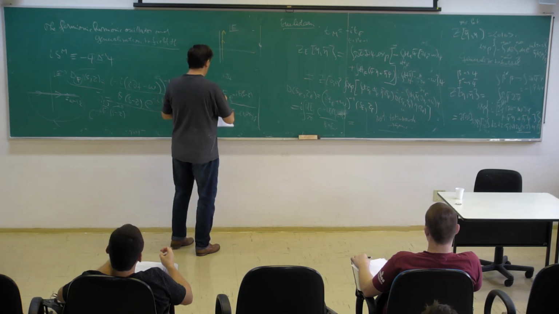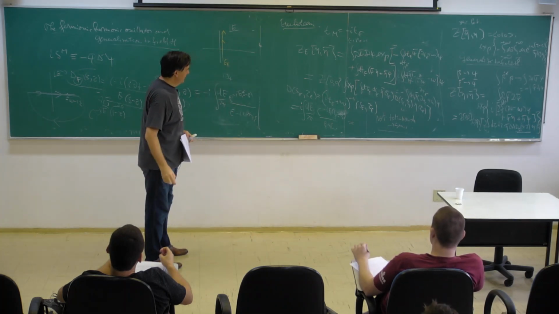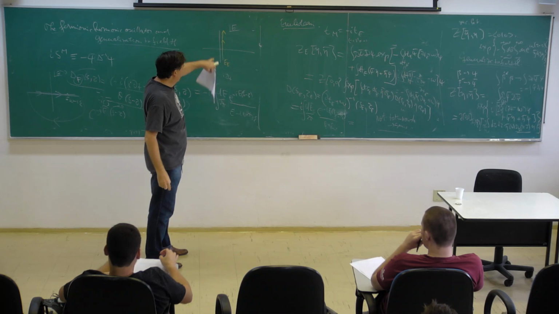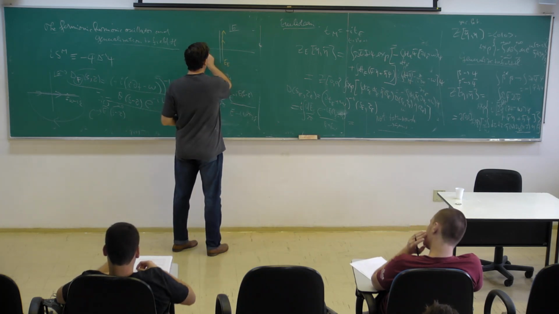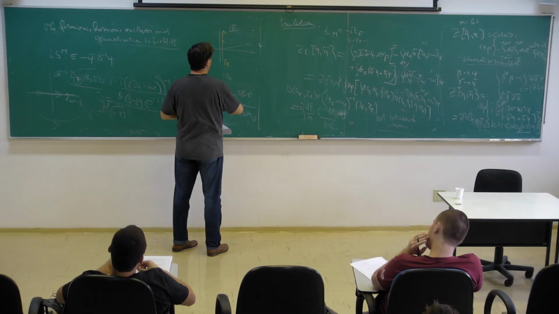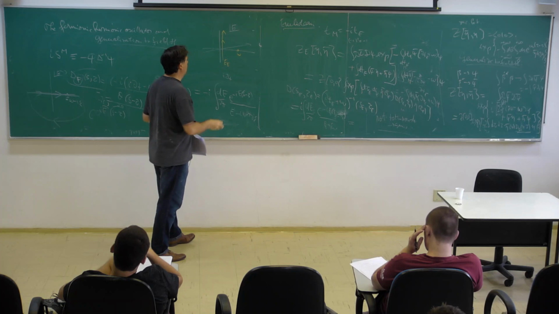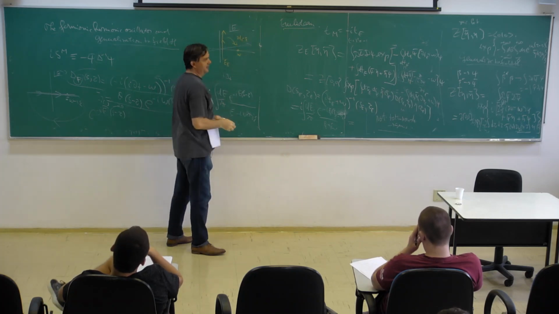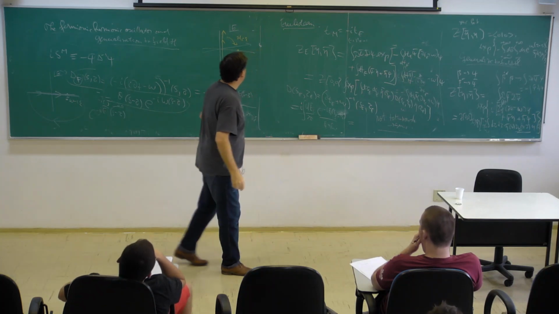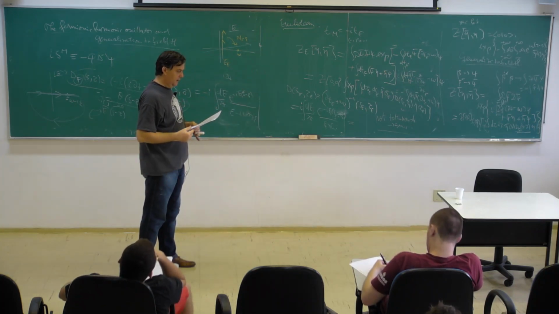So integrating over E Euclidean amounts to integrating over the imaginary line, but then I want to rotate by pi over 2 minus epsilon as before in order to get to the Feynman propagator.